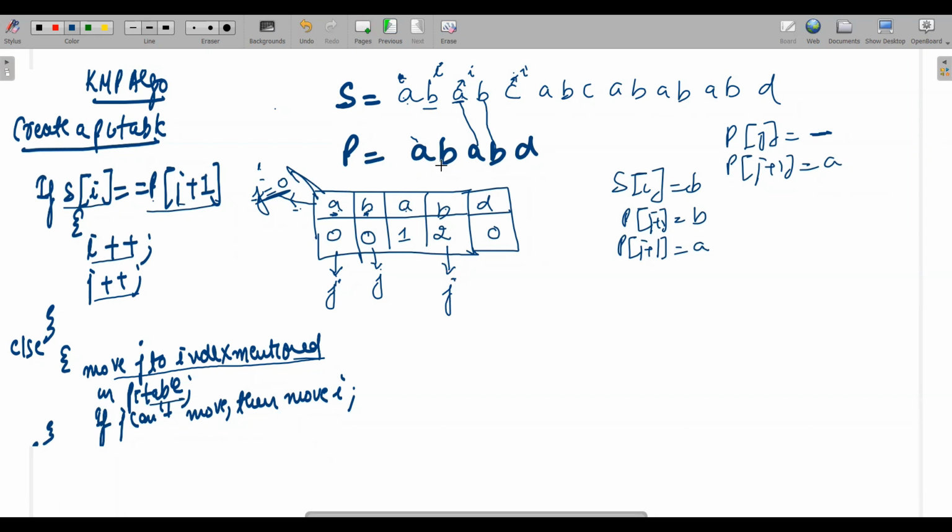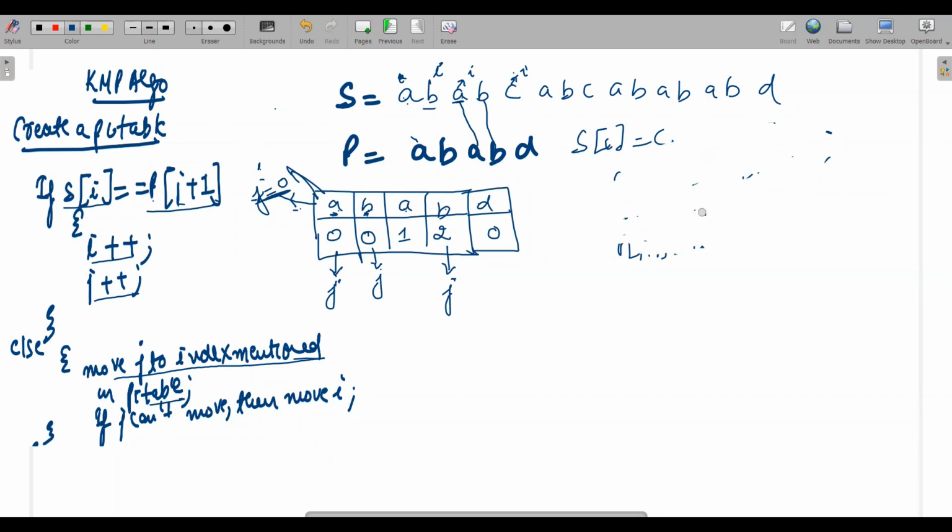Now I will be checking S of I. Let me just check the value of S of I. S of I is C and P of J plus 1.